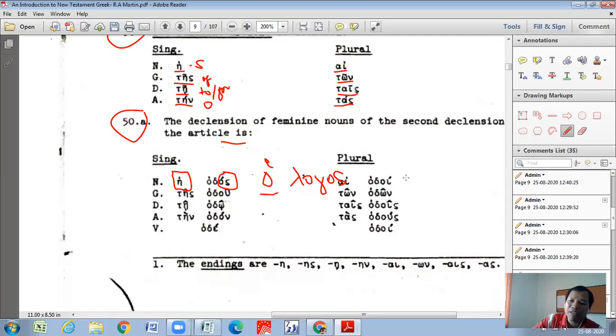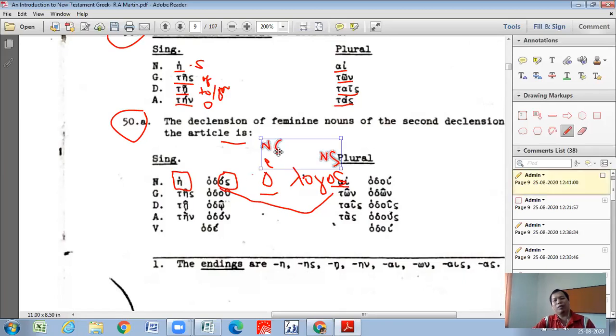And we said if the noun takes nominative, the article also should take nominative. This is nominative singular. This is also nominative singular. But my question is, why, with the same ending os, does the article take he?